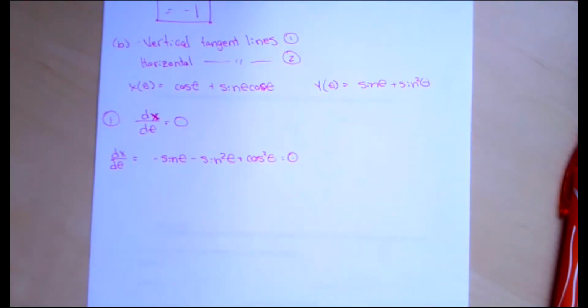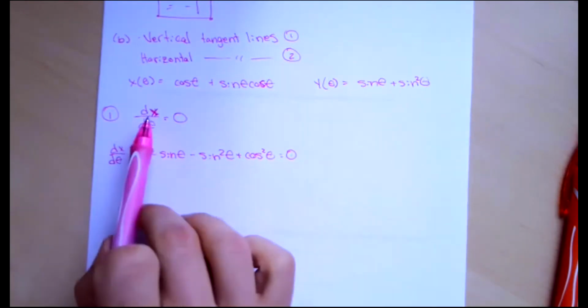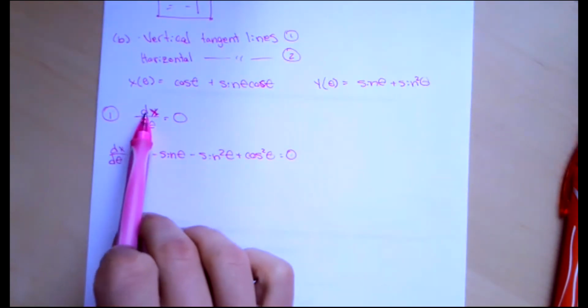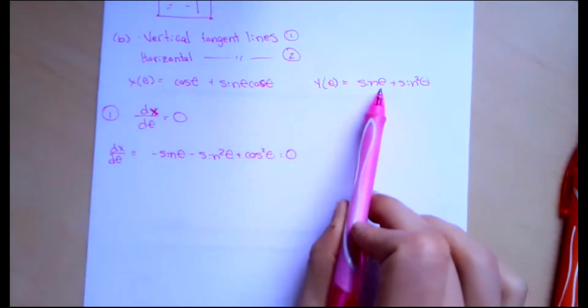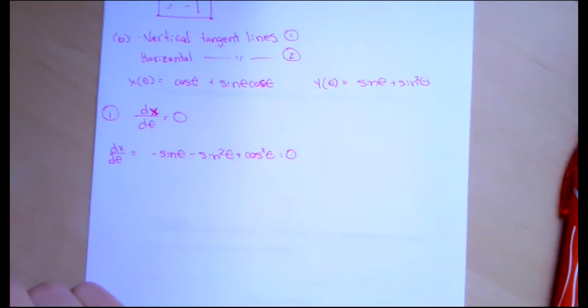Let's see if we can solve this. We should be able to. Might not be able to. Of course, we want to be able to solve it. This is the method: vertical tangent lines, dx d theta equals 0. Horizontal tangent lines, dy d theta, we set equal to 0.